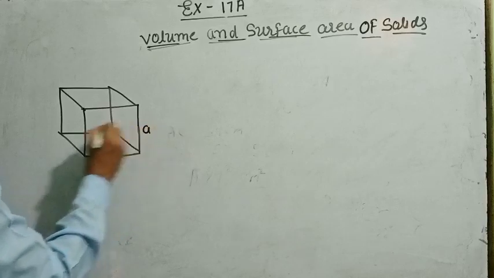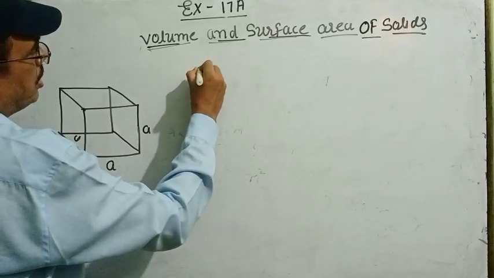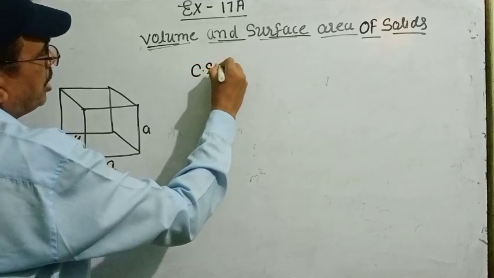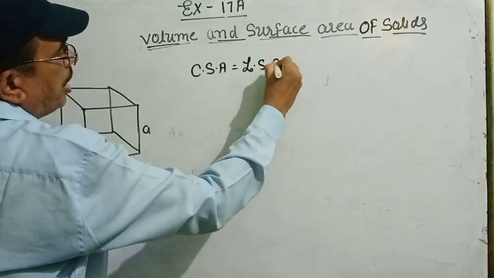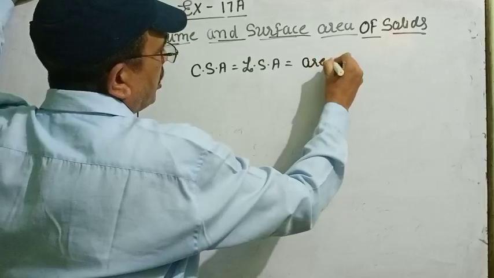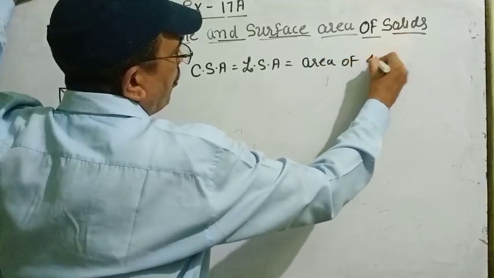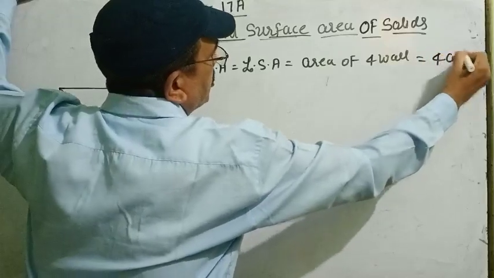Let the side be a. First, the curved surface area, otherwise called the lateral surface area, is the area of four bars. It is equal to 4a square.